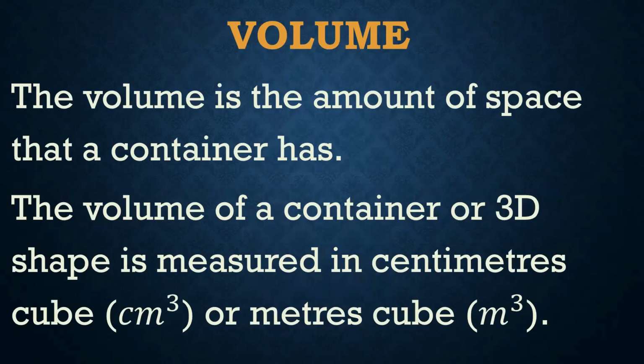When you talk about the volume, it is the amount of space that a container has. The volume of a container or 3D shape is measured in centimeters cube or meter cube. So we said the volume is the amount of space that a container has.